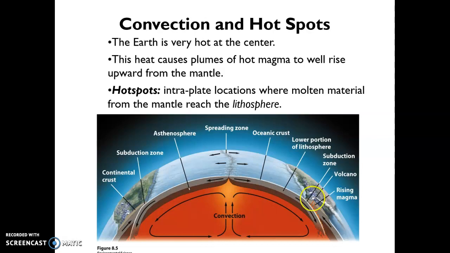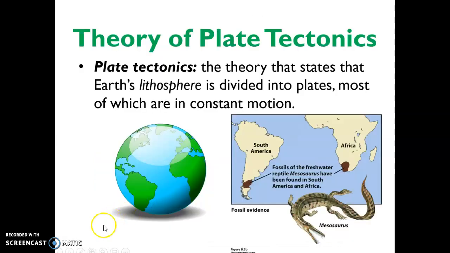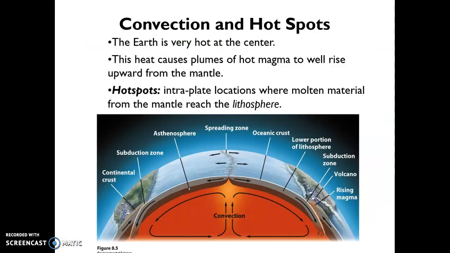So some other things that can happen, let's turn attention over to here, where there is a spreading zone and it's pushing the oceanic crust this way. When the oceanic crust is pushed this way, it eventually meets the continental crust. And something has to happen. What usually happens when the oceanic crust is pushed toward a continental crust is that the oceanic crust has to dive underneath the continental crust.